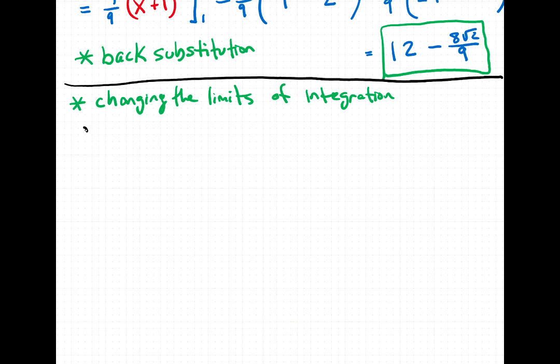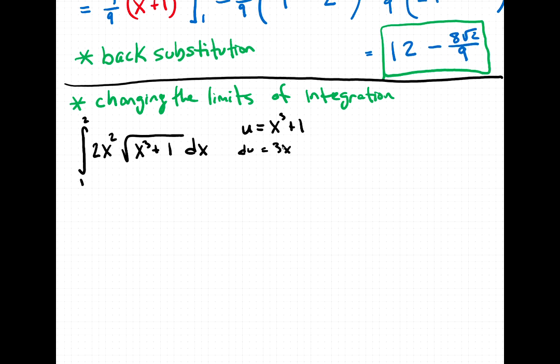All right, so we have the integral from 1 to 2 of 2x squared times the square root of x cubed plus 1 dx. And we're going to make the same U-substitution as before. So du is 3x squared dx, or 2/3 du equals 2x squared dx.